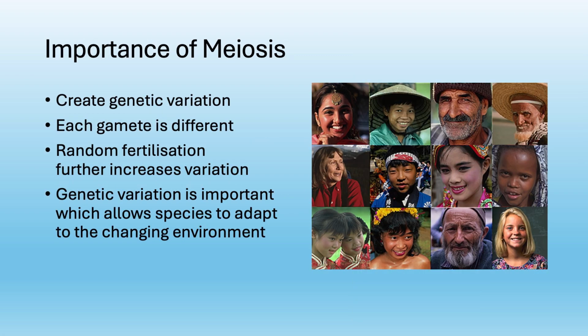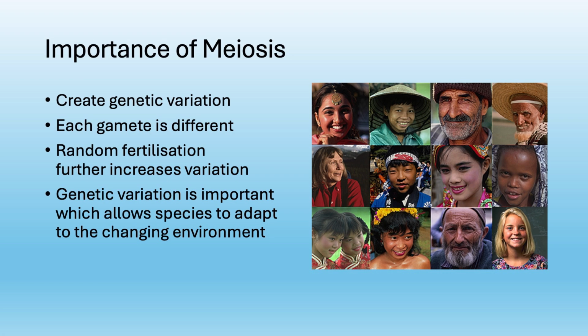Let's look at the importance of meiosis. Meiosis introduces genetic variation. It introduces it in two main ways. First, during different stages of meiosis, chromosomes are mixed and reshuffled, meaning each gamete is genetically different. Second, the random combination of gametes during fertilization increases variation even more.